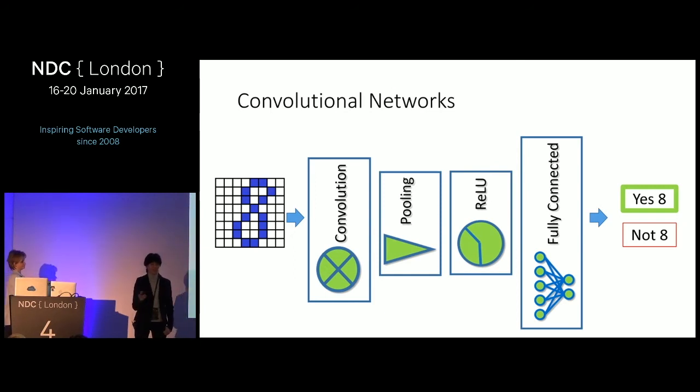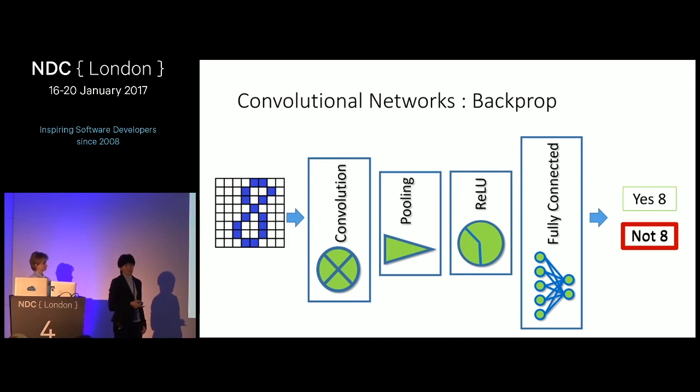So for the training process, we need a training set, and we know in advance what the result for this training set is. Initially, we set up all the things we need for the network with some initial, randomized weights. Then we send the image in, and we observe the result, and we correct our network to get closer to the expected result. Let's say we send an image of an 8, and we get a result that it's not an 8.